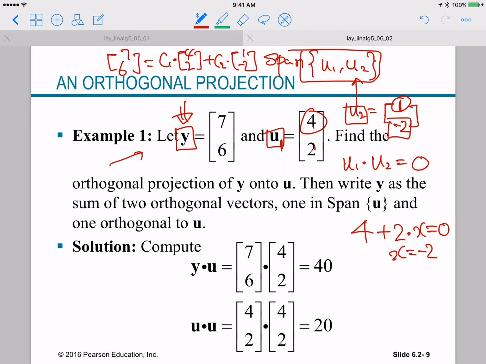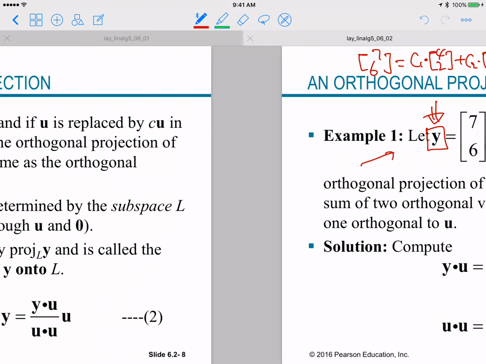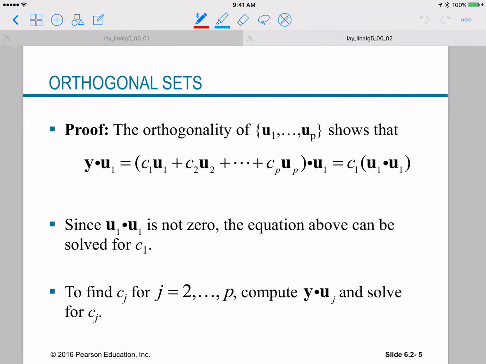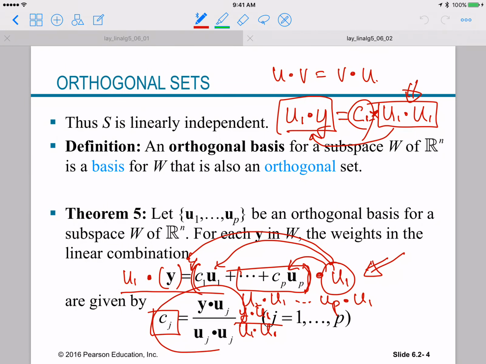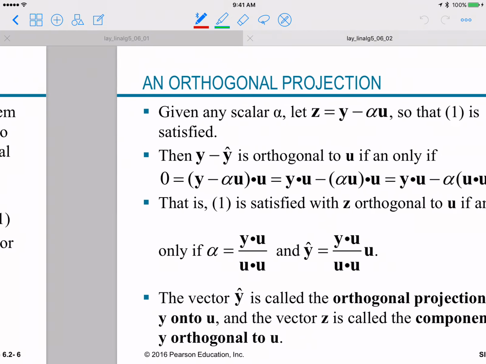And how do you obtain C1 and C2? 40 over 20, yeah, right. You understood this, right? So we just applied this equation in order to obtain C1.